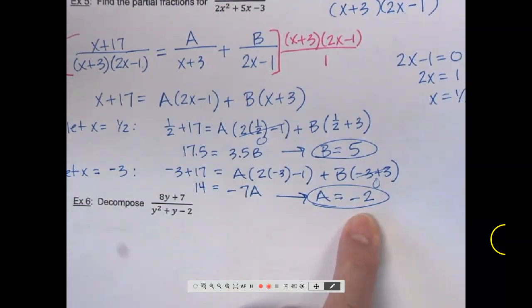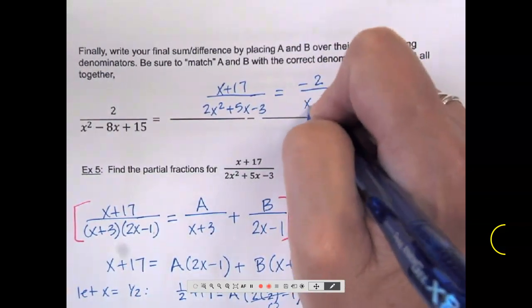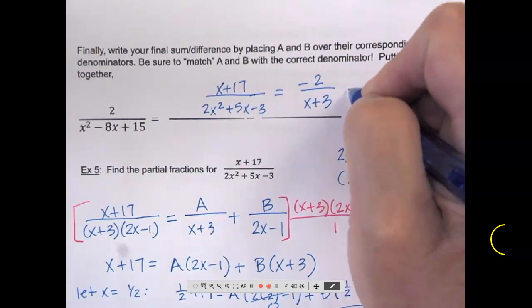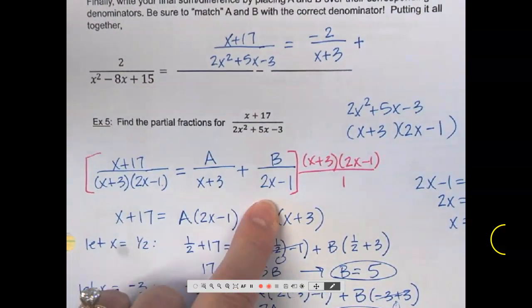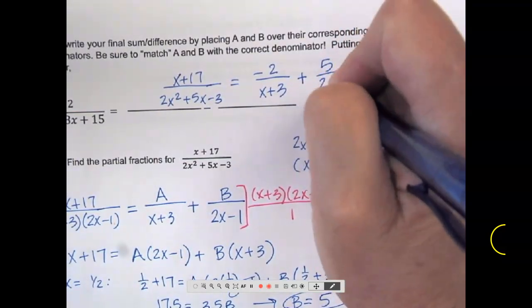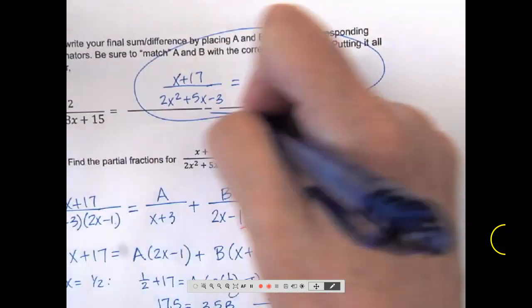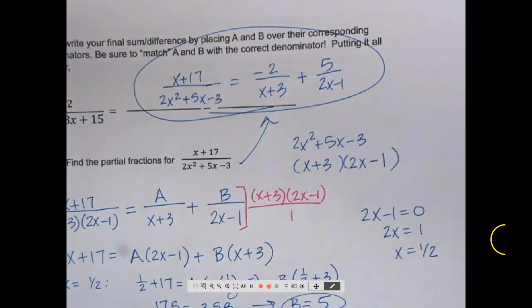A is negative 2. So I have negative 2 over x plus 3. Make sure you pair it up with the right fraction. Plus, b was over 2x minus 1. b is 5. So 5 over 2x minus 1, that represents my partial fractions.